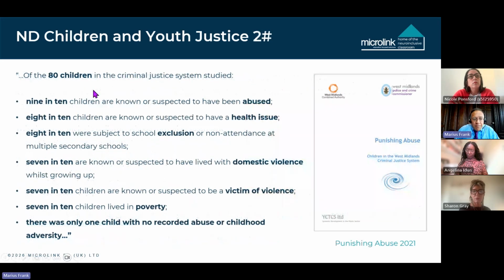And then if you look even deeper, a colleague of mine called Dr. Alex Chard did a deep dive into 80 children who had committed crimes or were the victims of severe crimes across the West Midlands. Just look at those collisions of disadvantage. I haven't got time to go into this, but it's quite chilling.